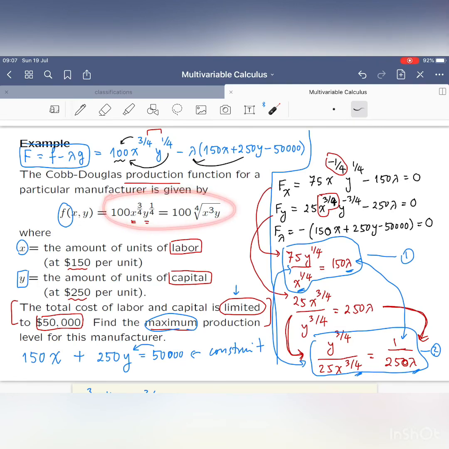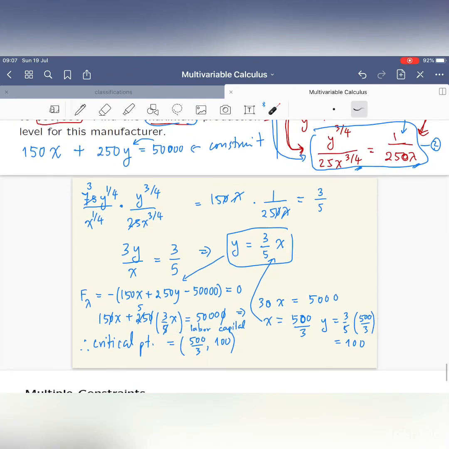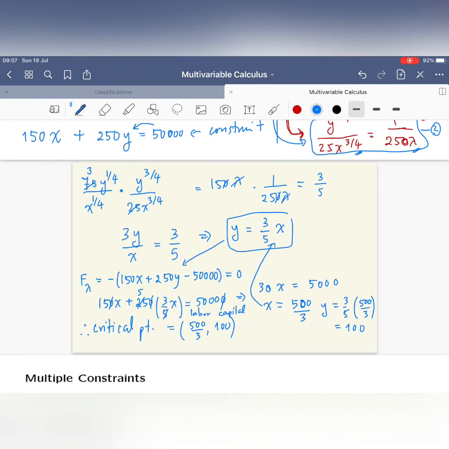All right, so it means that your maximum production, this one of course will give you the maximum production under the constraint.